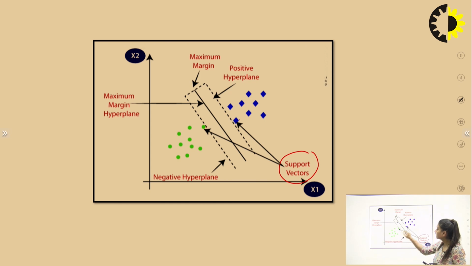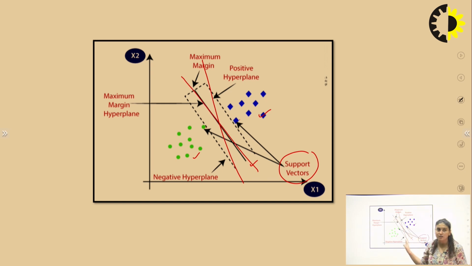Here, as we can see, there are two classes, green and blue. We have to classify a new data point, whether it will fall in class A or class B, suppose. So we have to create the hyperplane. That is the aim, that is the target. We can make this line also, this line also.